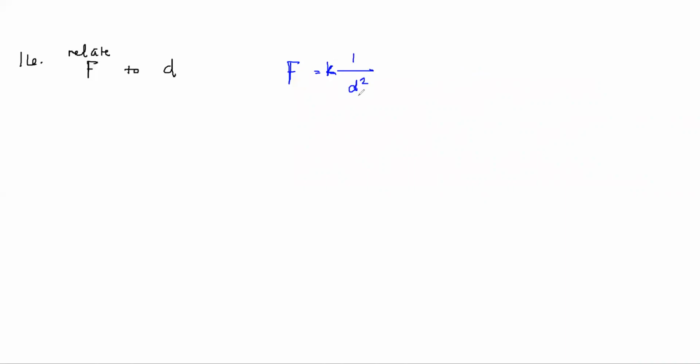So for instance, if d was to go up, then d squared would get larger. 1 over d squared would get smaller because we're dividing by a larger number, so force would get smaller, which makes sense because if you're pulling two bodies away from each other, they won't exert the same amount of gravitational force, they'll exert less. Does that make sense? Yeah. All right.